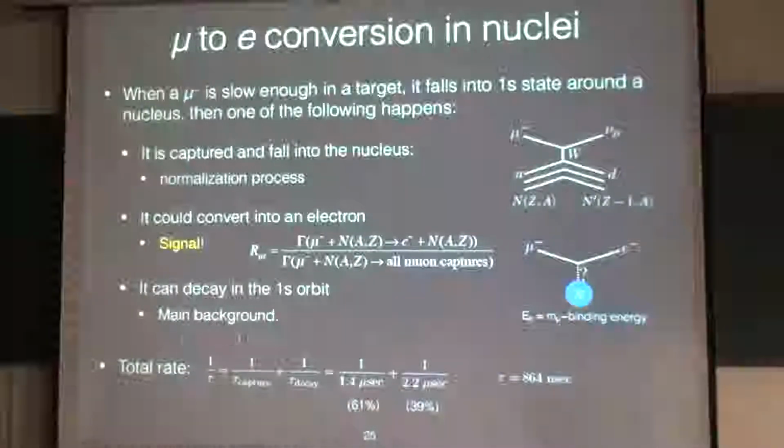The total rate of this decay is 1 over the lifetime. The normal decay is 2.2 microseconds, and the capture rate is over 1.4 microseconds. So the total lifetime is 864 nanoseconds in the aluminum nucleus.